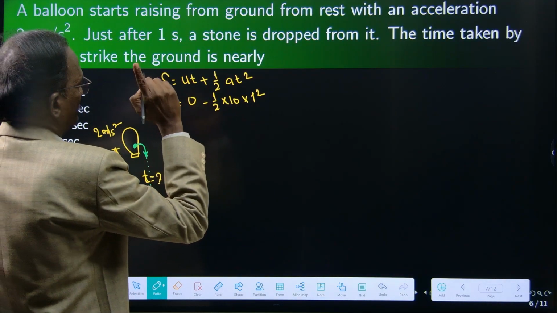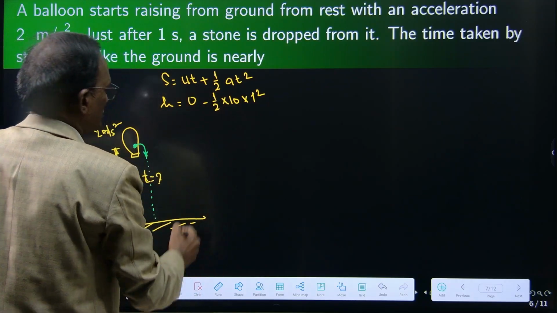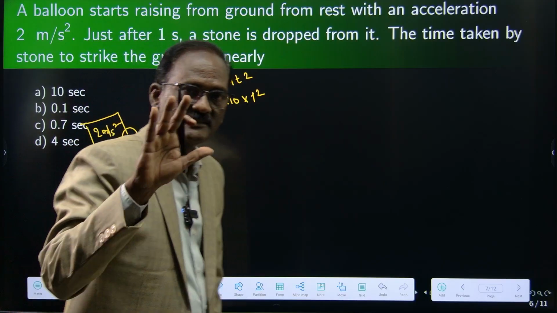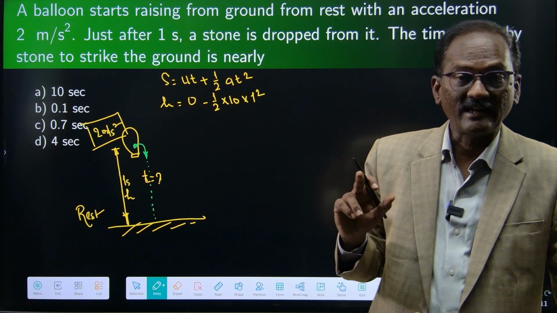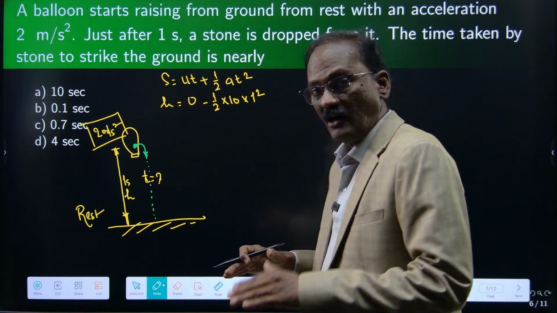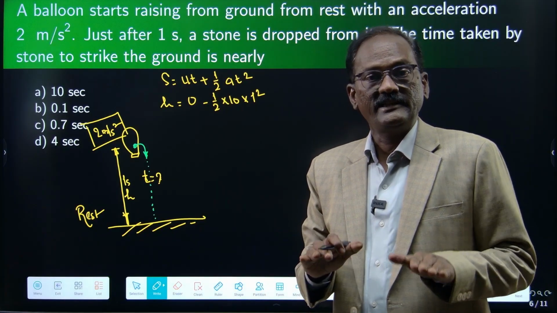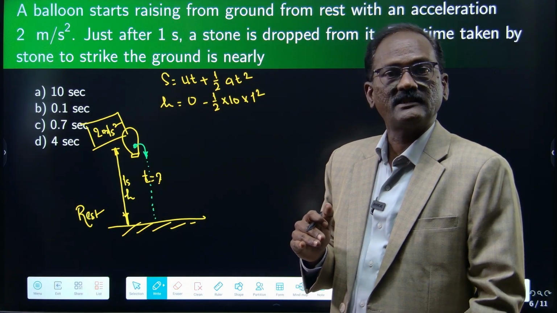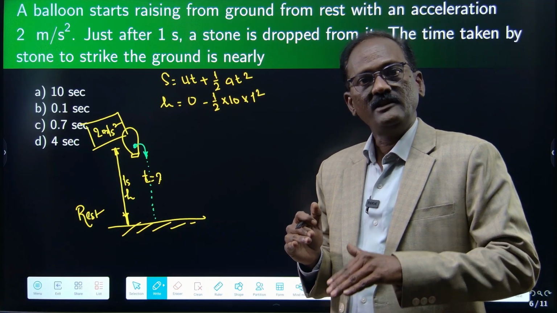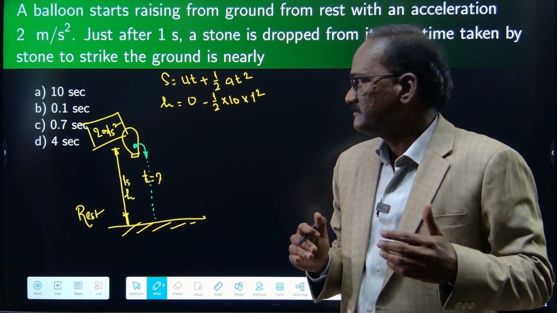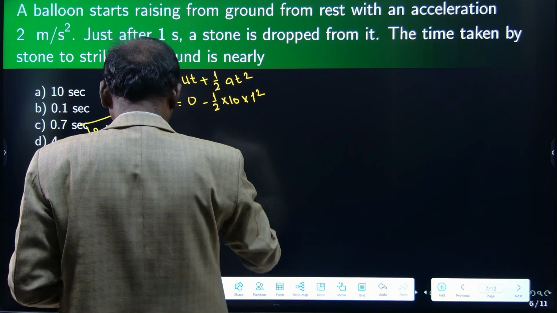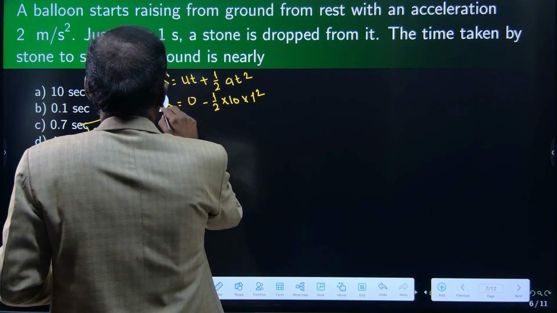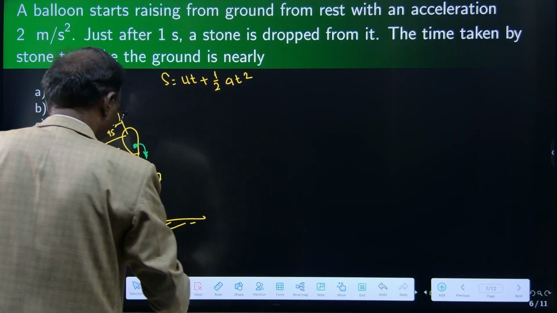No, I am sorry. Here you shouldn't put 10, because the balloon has its own acceleration. After nullifying the acceleration due to gravity, which is 10, it has its own value, so we should not have this value.